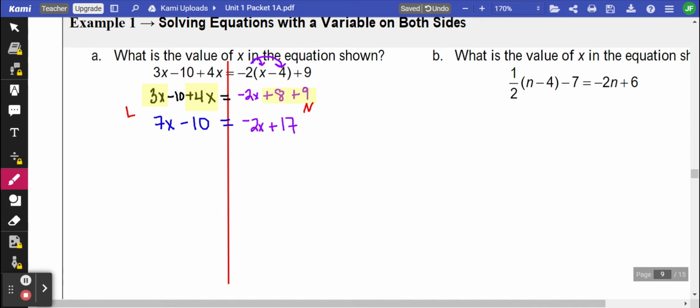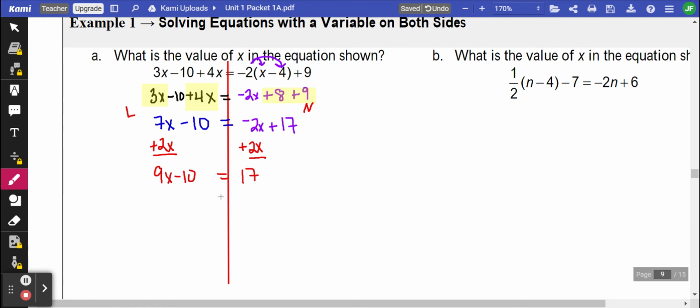This -2x needs to move over to the other side, and I'm going to line it up with the other x so I can combine them together. Since they're on opposite sides, I had to do opposite operations. So 7x and 2x gives me 9x - 10 = 17.